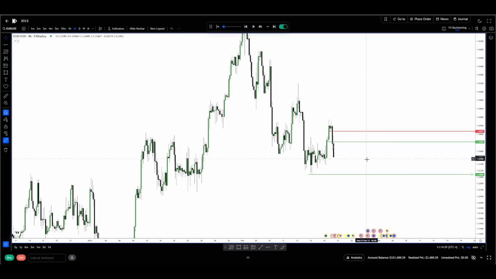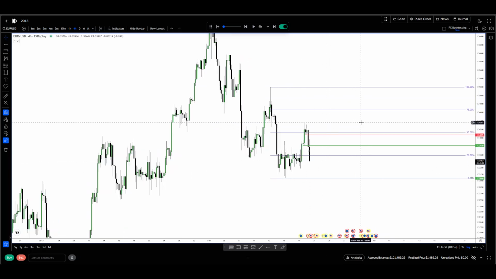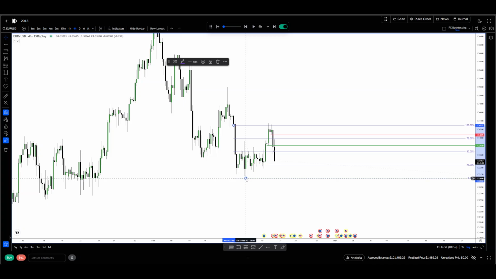Yeah. So now it created equal lows with the other side. We retraced back. We used this high to this low. We came back into discount and respected the discount portion of this fair value gap, because you can also measure big fair value gaps like this.